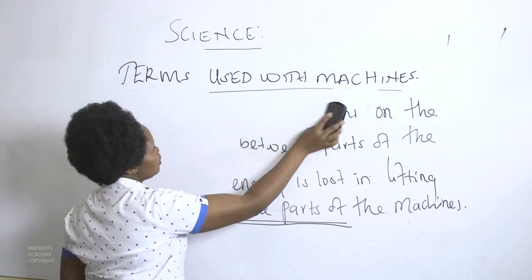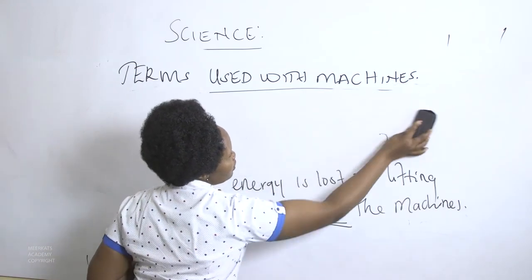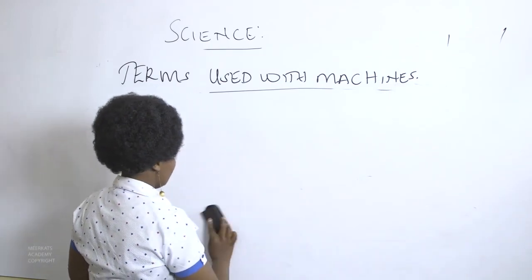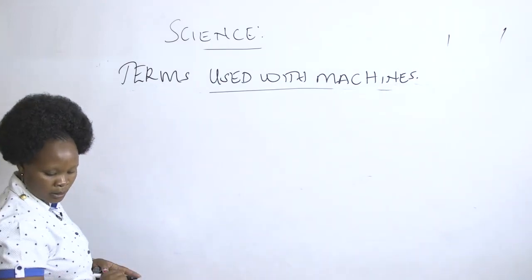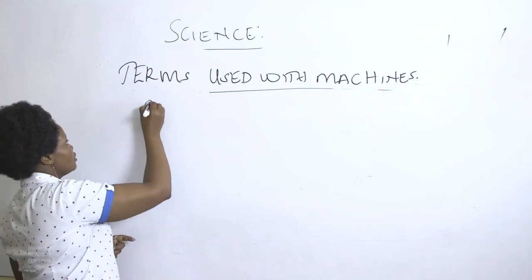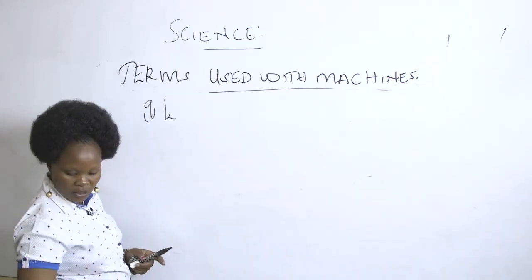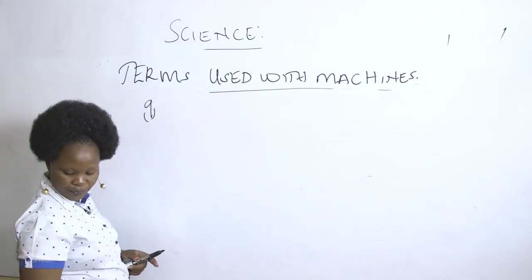Now, we look at another term, and the term is what we call the velocity ratio.